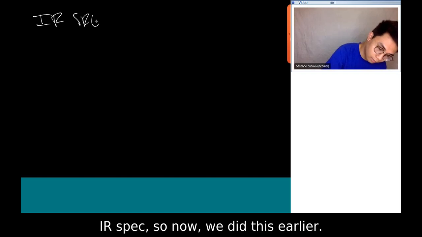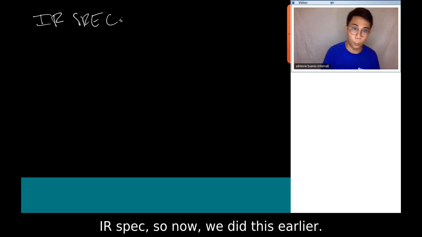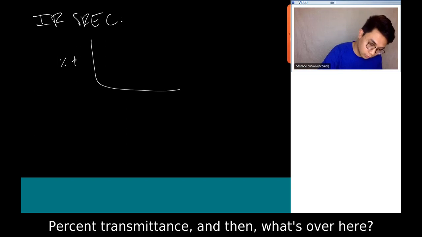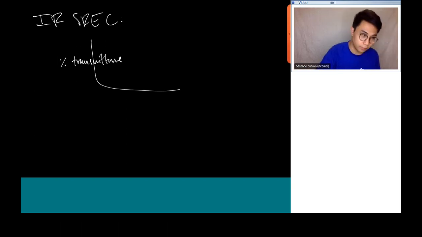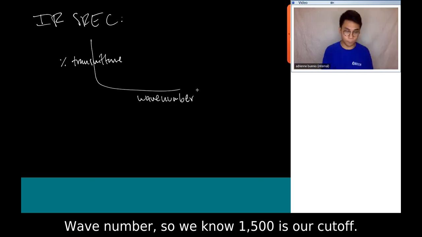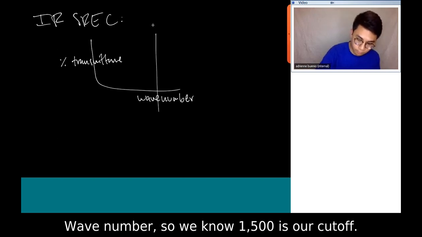IR spec. So now we kind of did this earlier, right? Percent transmittance, and then what's over here? Wave number, right? So we know 1500 is our cutoff, right?